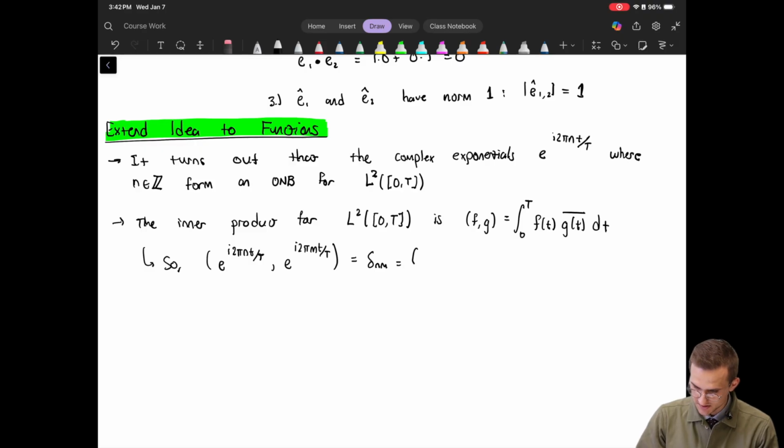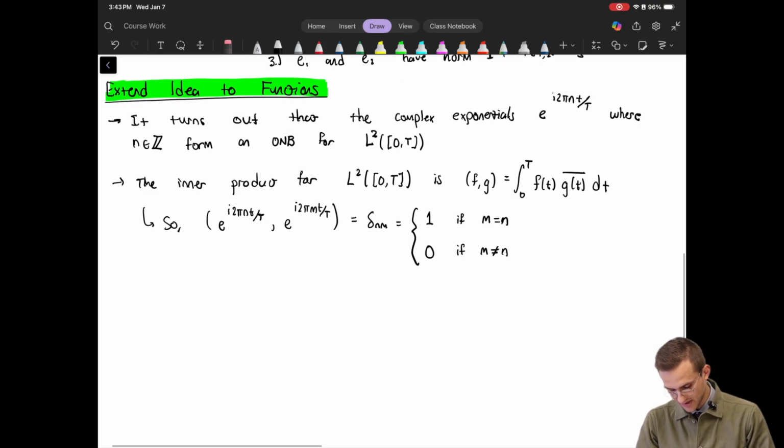This is just a little bit of notation again. It is equal to 1 if m is equal to n, and it is equal to 0 if m and n are different.